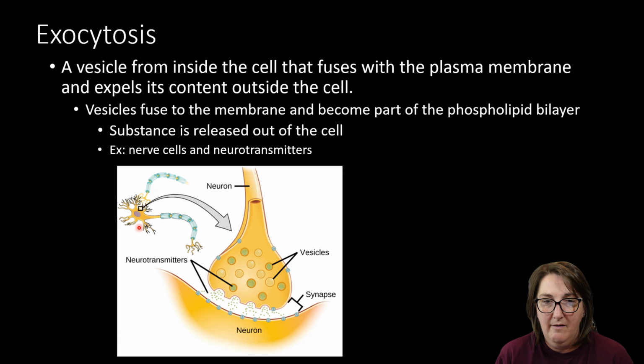So here I have a nerve. These are going to come to the end. They're going to fuse, and as they fuse, they're going to push their material across. This will get received by the other side of this neuron, and then information gets passed. So these vesicles will fuse and become a part of that membrane.